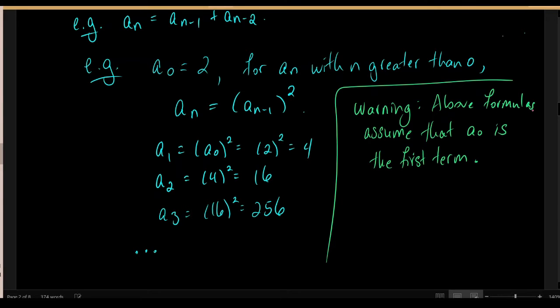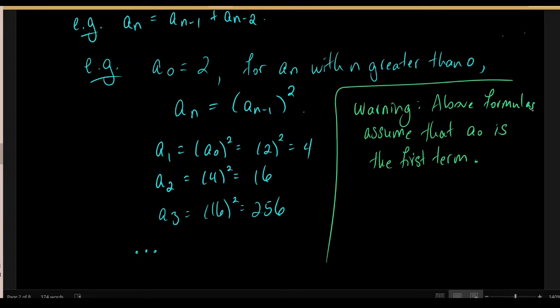So if you have a sequence that's provided to you by someone who is not familiar with the CS world, you may have to make some adjustments in order to find the correct formula based on what they have decided the first term will be.